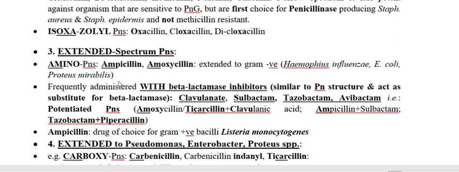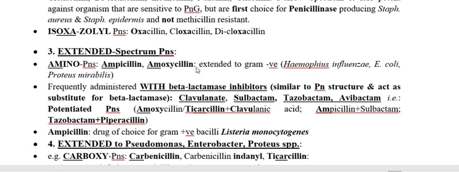But they are also susceptible to the enzyme beta lactamase, though not to the extent of penicillin G. They are somewhat resistant, but of course their ring is also going to be broken down by the beta lactamase enzyme, particularly that produced by gram-negative bacteria.